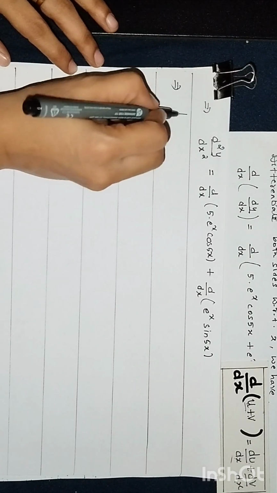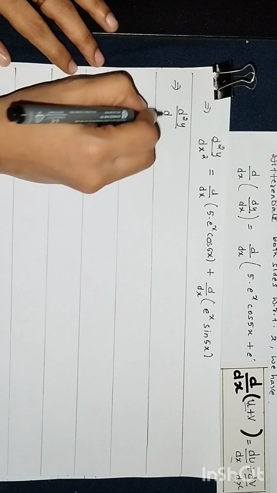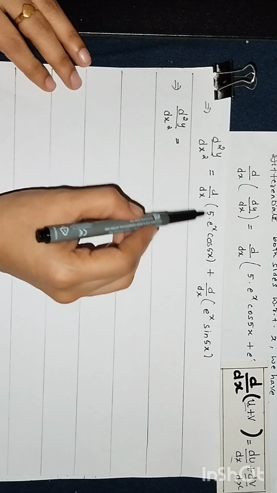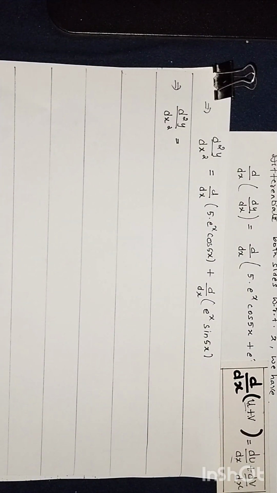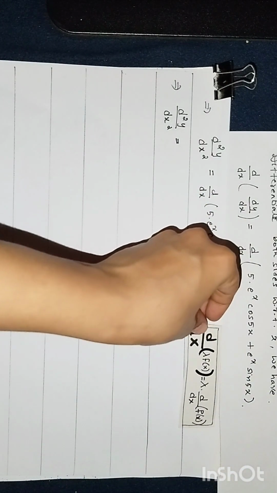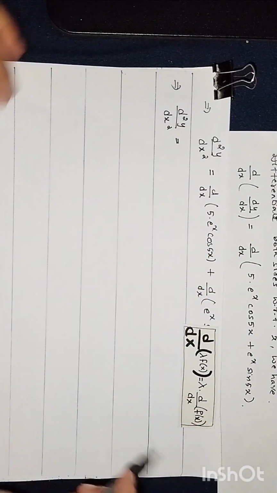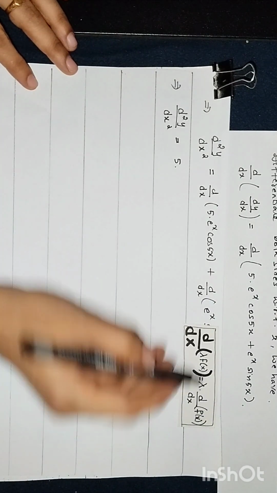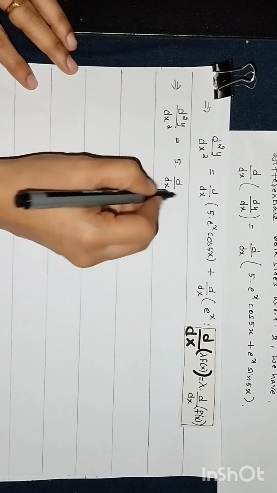Now this implies d square y by dx square is equal to, d by dx of constant into function. When you have the derivative of a constant into a function, from the algebra of derivatives, we will take out the constant, then differentiate the function.